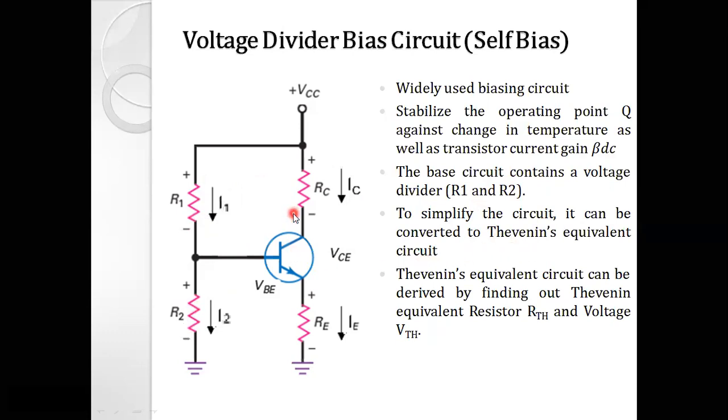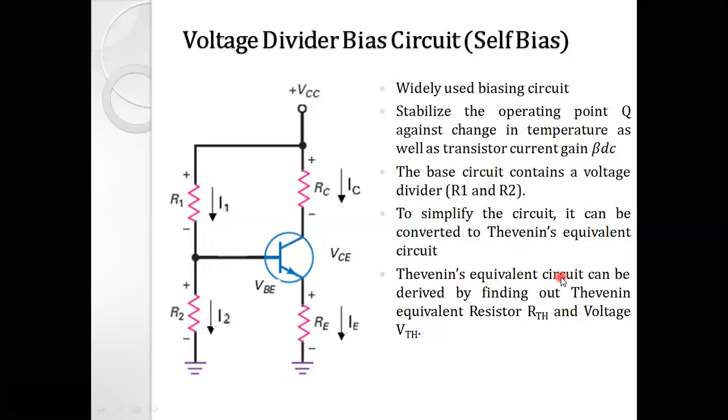So to analyze the circuit and to derive the equations for the coordinates of operating point, which are ICQ and VCQ, we have to convert this complex circuit into a simple one by using Thevenin's theorem.